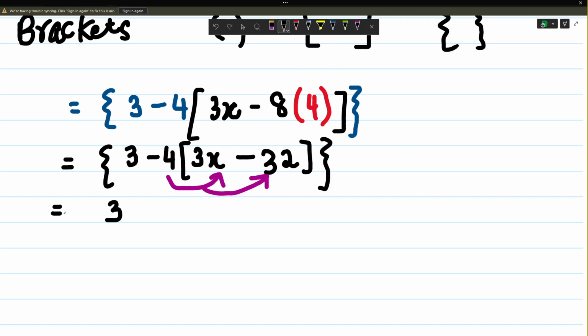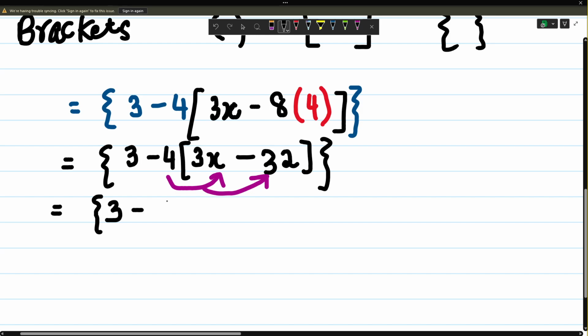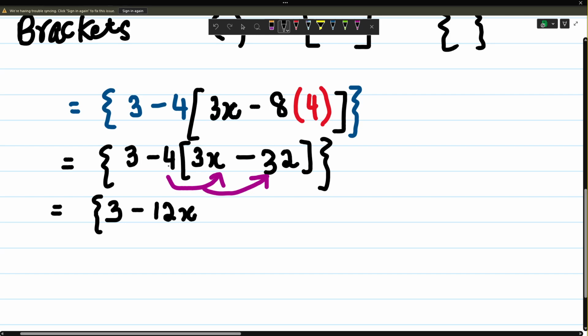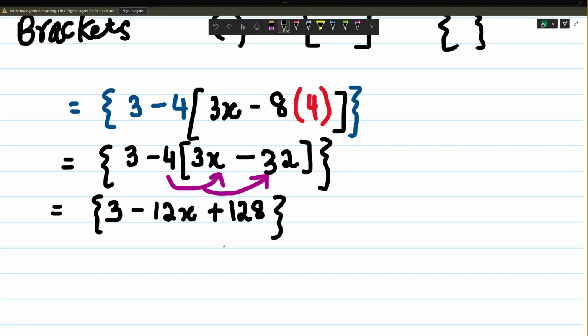So this is going to become 3 minus 4 3s are 12x, and minus 4 multiplied by minus 32 is going to become plus 4 2s are 8 and 4 3s are 12, so 128. Is this clear?